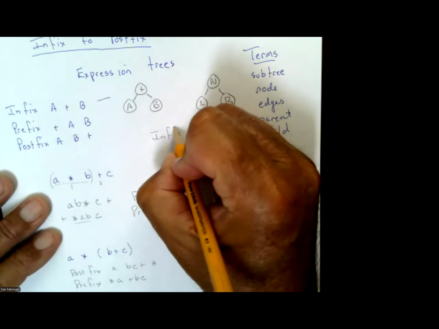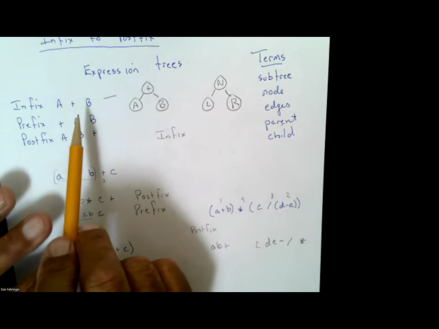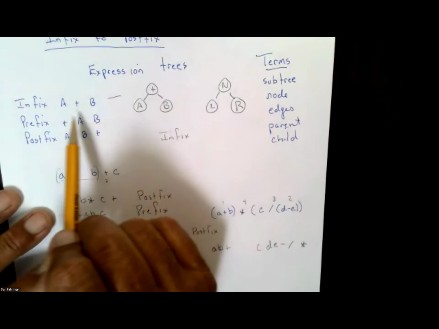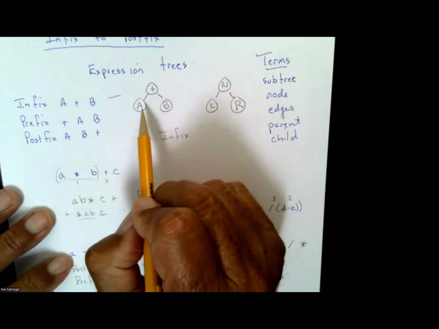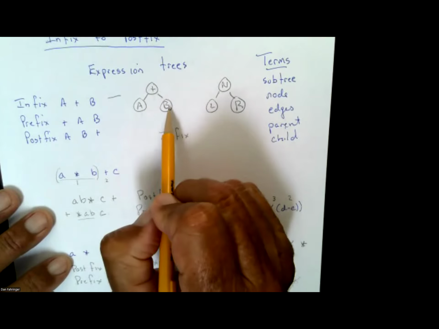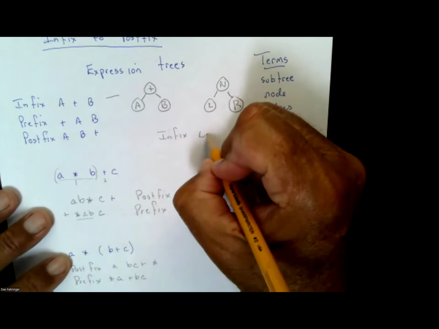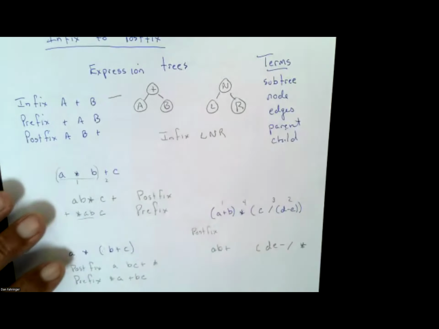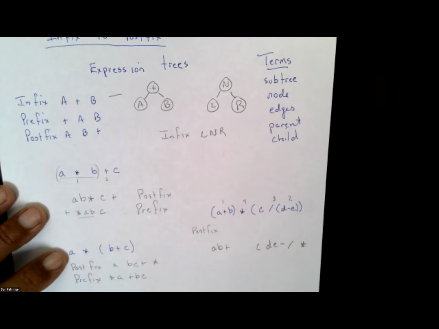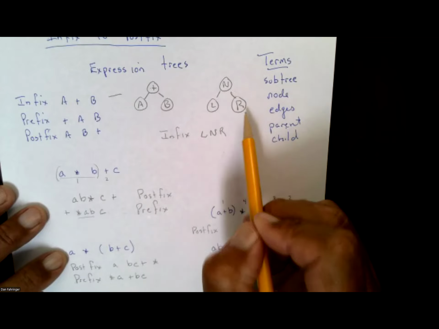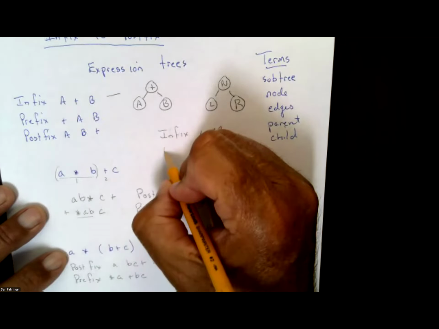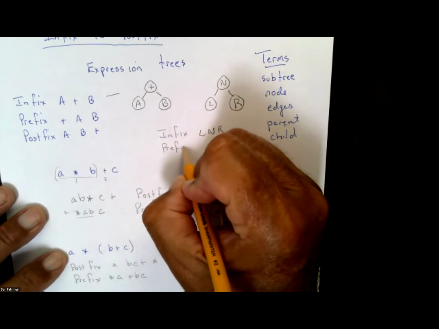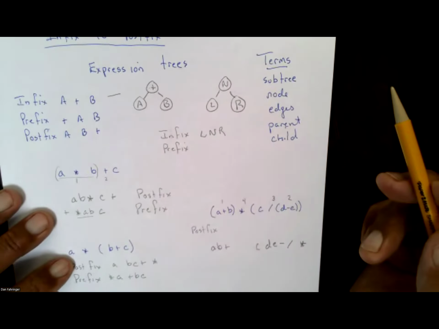Infix is going to be what we see here. That's the A plus B. So that's going to be left, node, right. It's A plus B. Now, what would prefix be? Node, left, right.